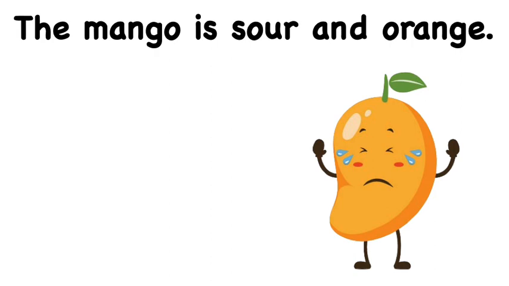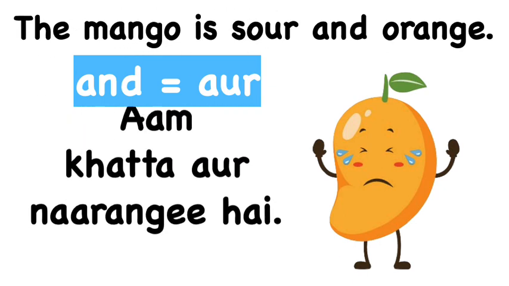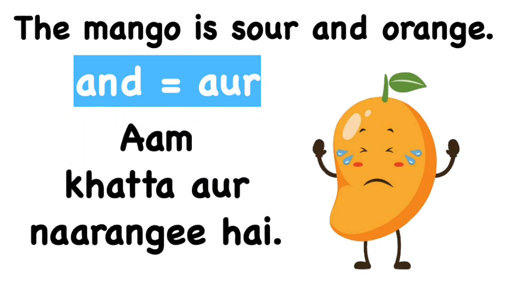Let's do another one. The mango is sour and orange. You know how to say mango? Sour, orange color. Don't forget and. So how would we say the sentence? Aam khatta aur narangi hai.